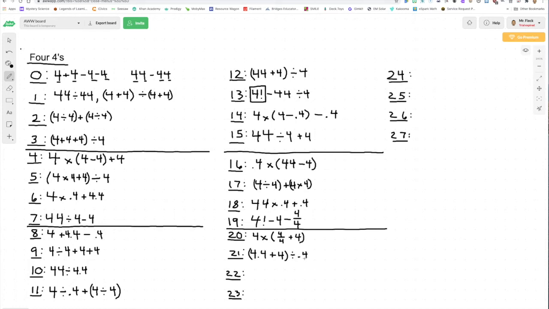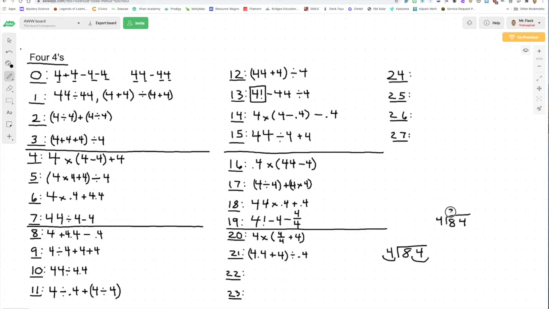So now let's work through this because this one gets a little complicated. 4 and 4 tenths plus 4 gets me 8 and 4 tenths. And then if I divide that by 4 tenths, when we divide decimals, I can shift this decimal 1 over, I shift this decimal 1 over, and it really ends up being 84 divided by 4.